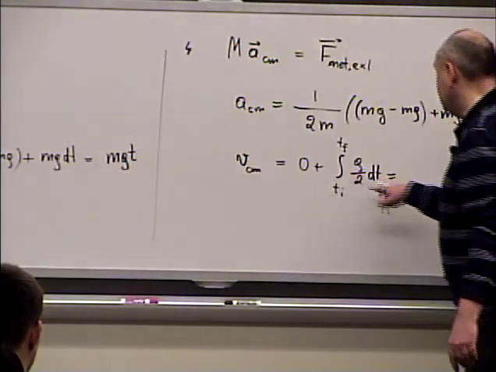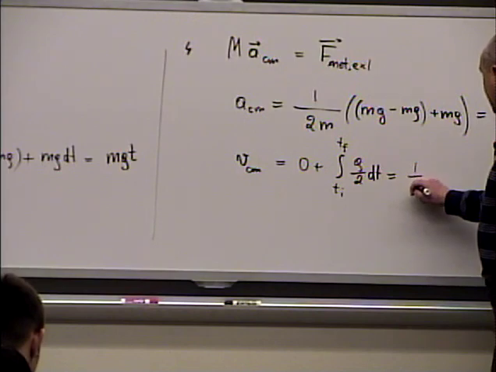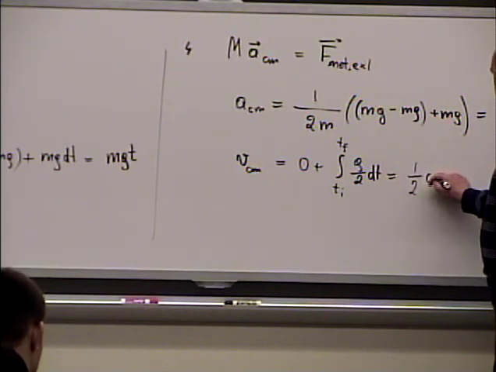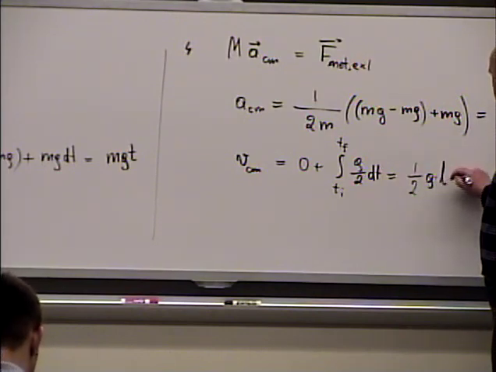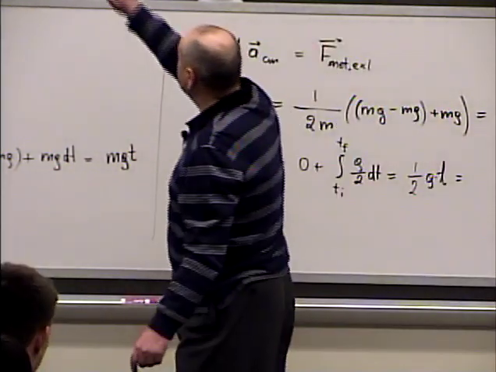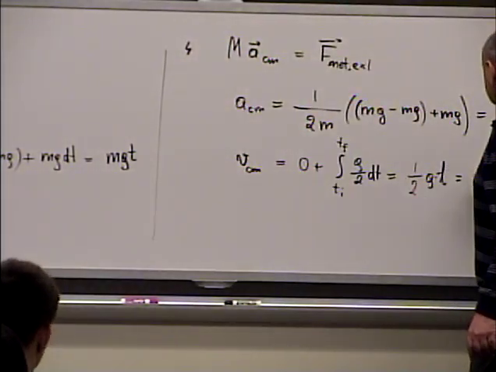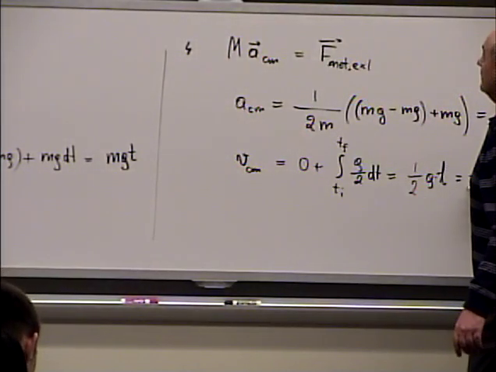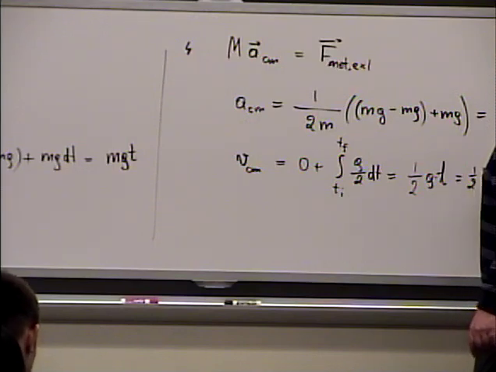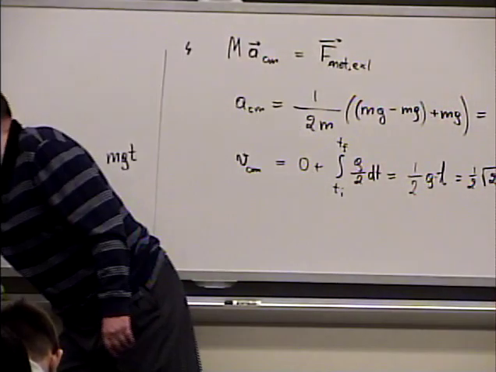So if I integrate that, I will get 1/2 g times t. And t is over there, so I will get that this is 1/2 square root of 2gh.